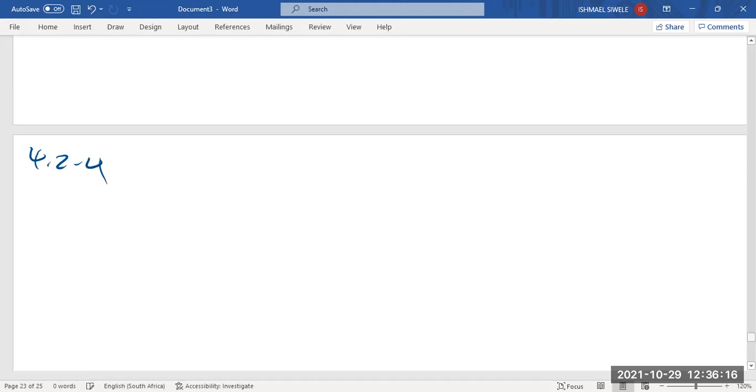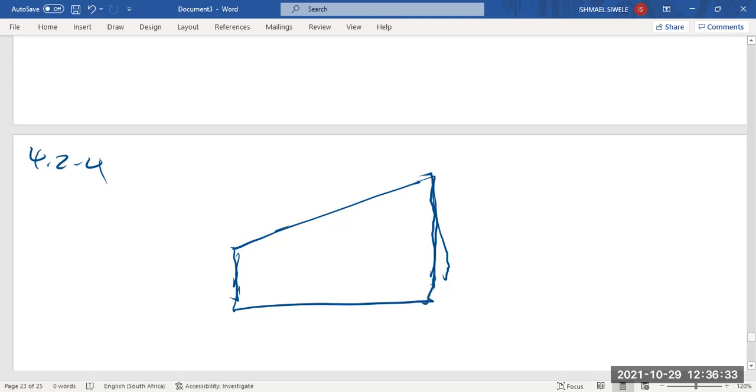4.2.4. So we've seen the figure that they want us to calculate for. It's like this, right? I'm just trying to make things straight here. As you have seen, it's OCDE, okay? And this thing here we said it's a parallelogram, right?